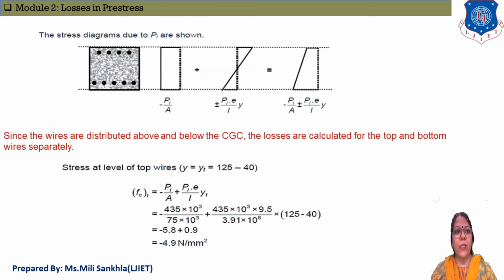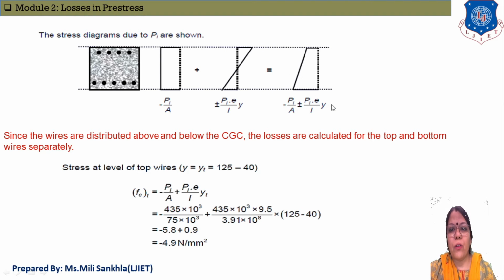Now the next one is the stress distribution diagram of our initial pre-stressing force. First our main section, then the uniform section with direct stress, and this is our bending stress. The summation of direct stress and bending stress is our resultant stress. Here I write down the equation again.